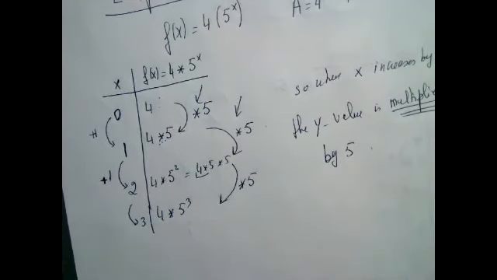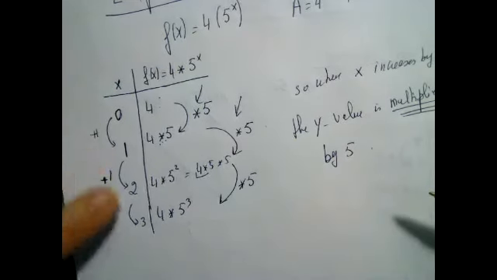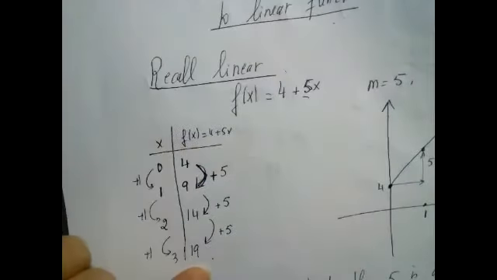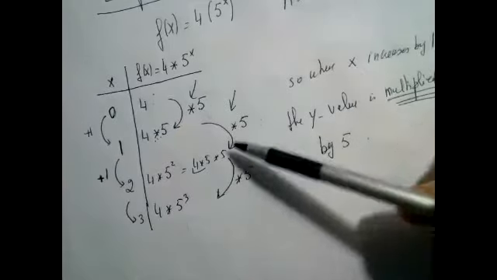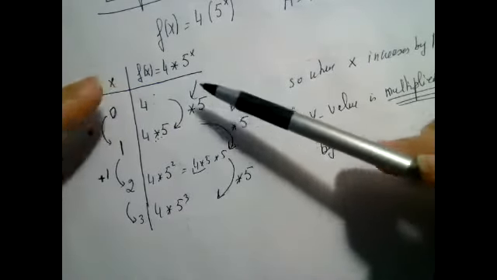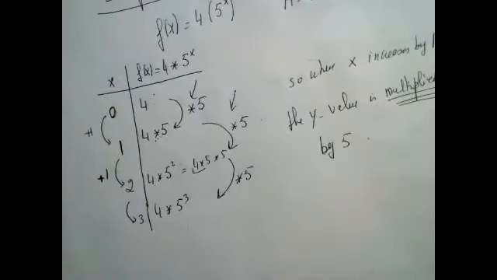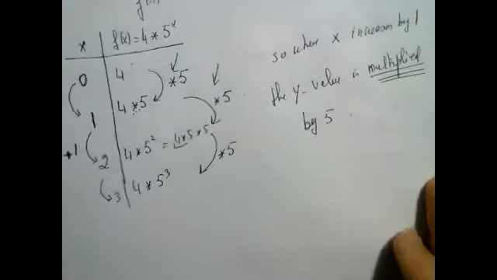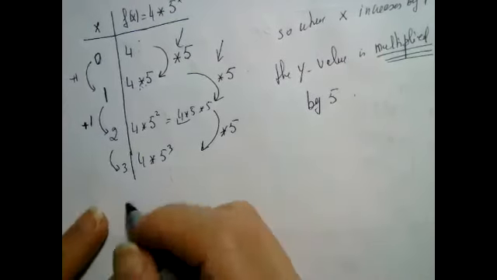So in a linear growth, when x increases by 1, we add the slope. In exponential, we multiply by 5. That's why I call it a factor. It's the factor that we multiply by when x increases by 1. And that's really what's happening in an exponential.